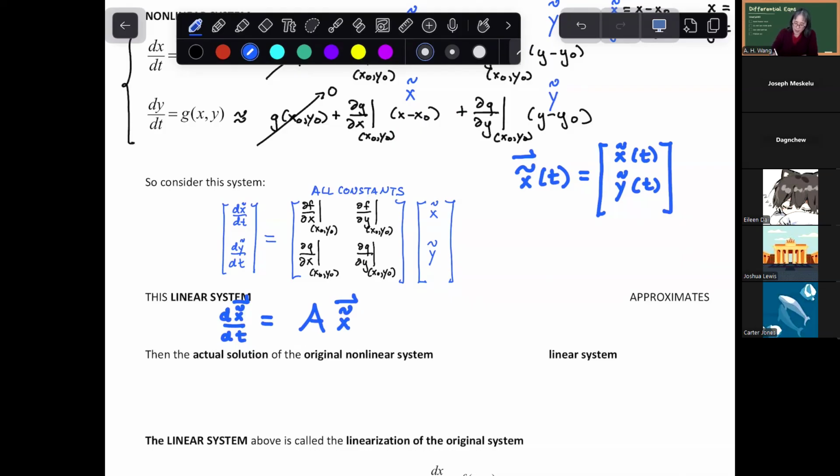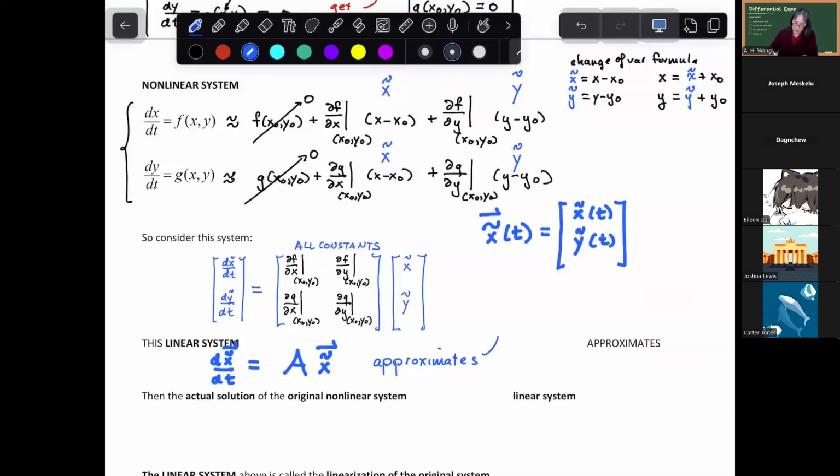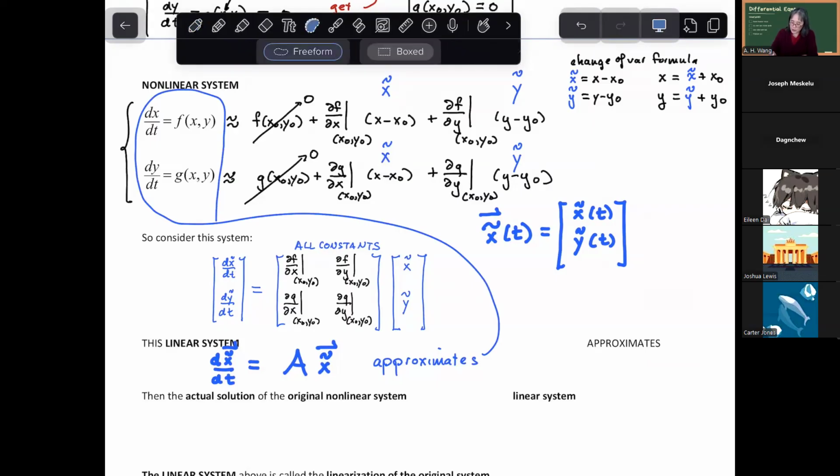This approximates the original. And the original is this. It approximates this. And the conversion right here, I'm just going to put it right here just to remind you.